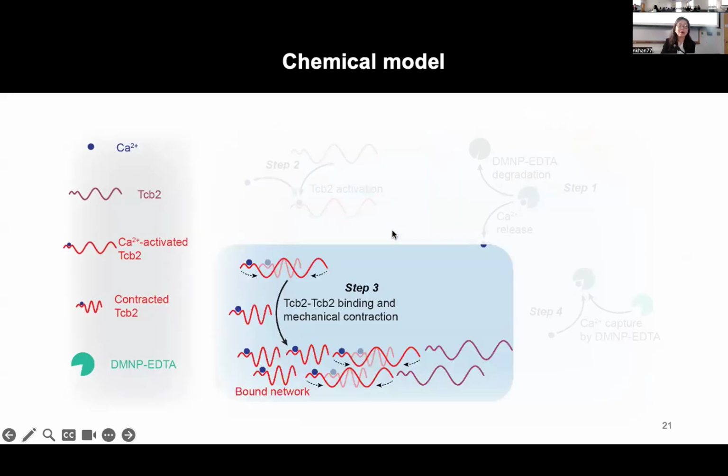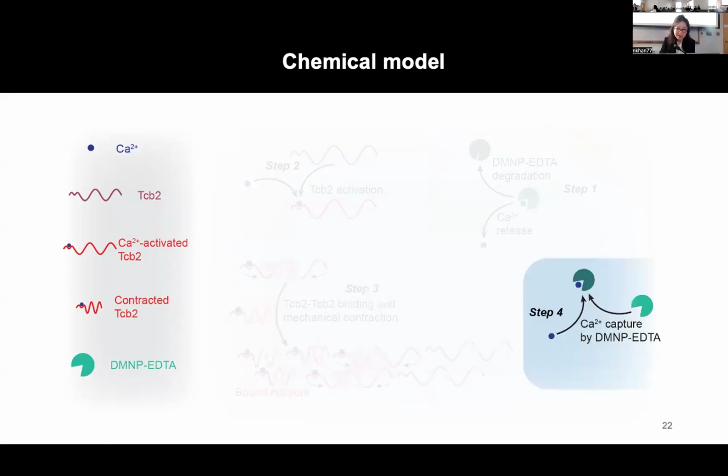Third, once the calcium binds to the TCB2, the TCB2 uses this cross-linker to form a really dense network. I'd like to introduce one more point. In the setup we're using an excess of chelator in the system, so that when we switch off the light, we can recapture the calcium in the system.